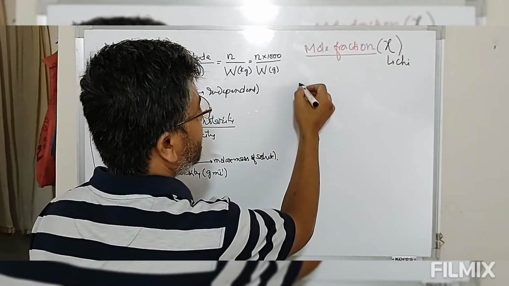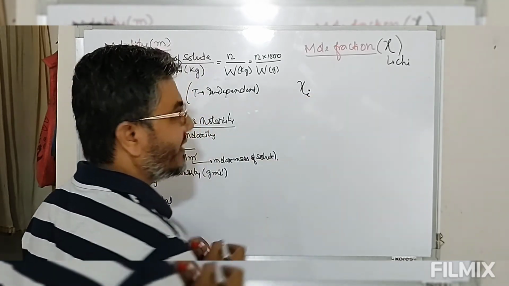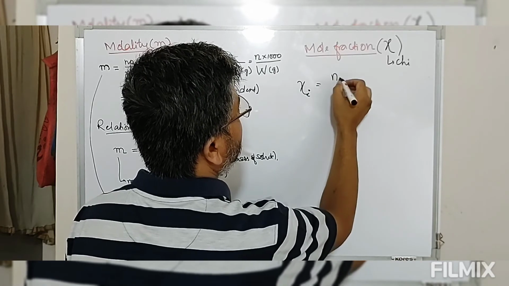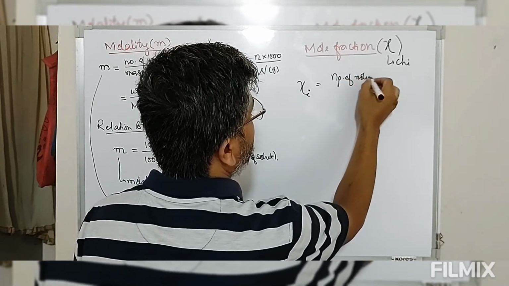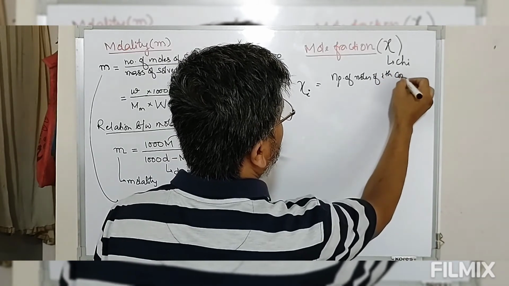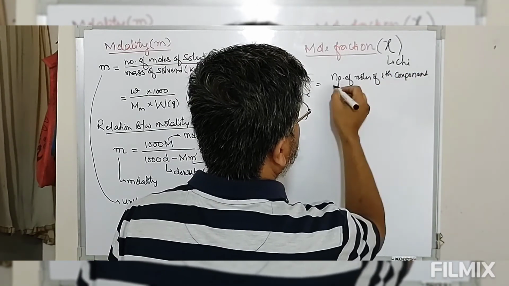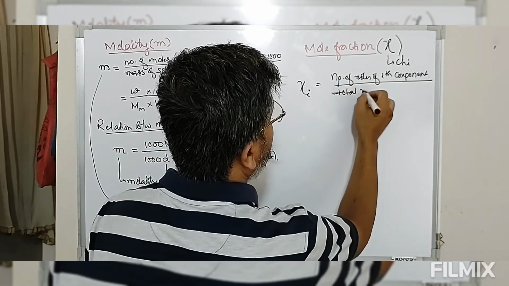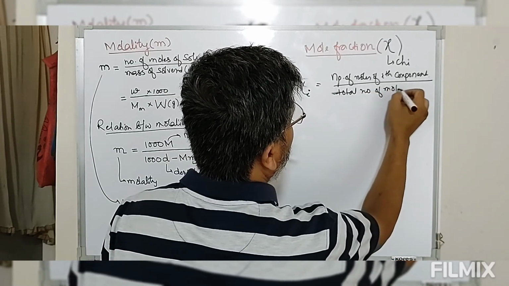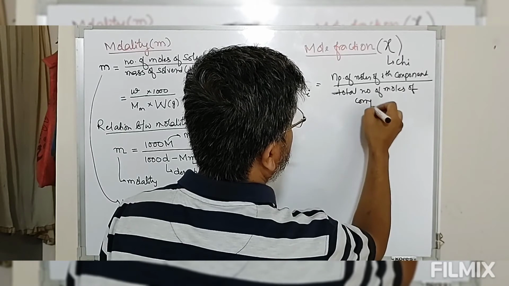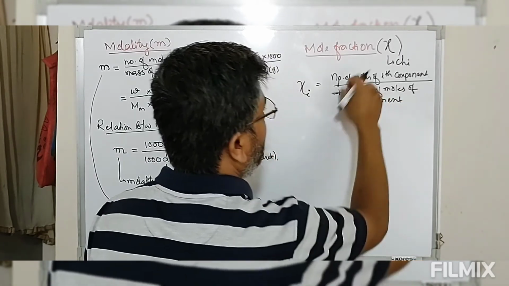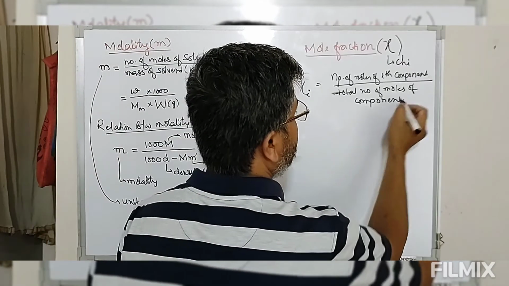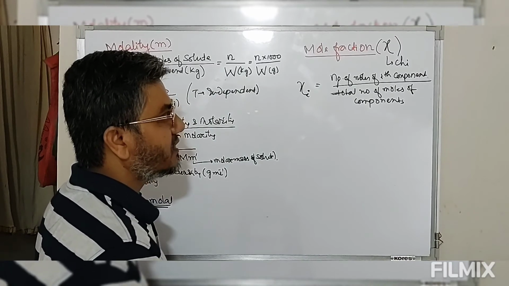The mole fraction chi of any component i is defined as the number of moles of the ith component divided by the total number of moles of components. This ratio of the number of moles of any component to the total number of moles present in the mixture is defined as mole fraction chi.